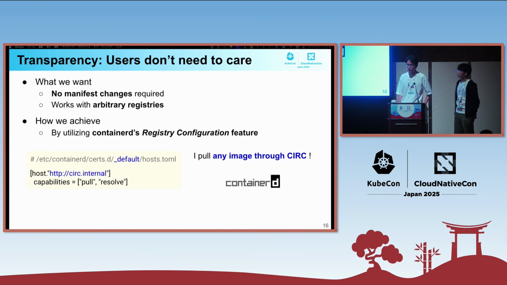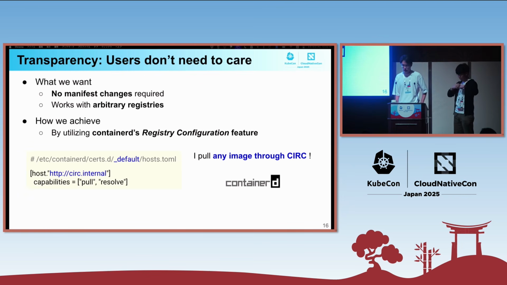We use containerd's registry configuration feature. Registry configuration feature allows us to redirect requests to a registry to another server. In the example configuration file shown, requests will go to CIRC, HTTP CIRC internal.